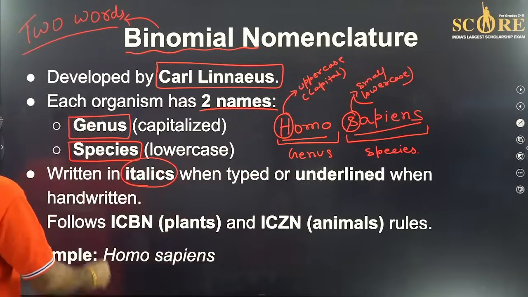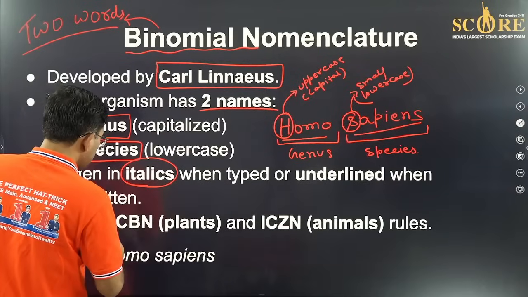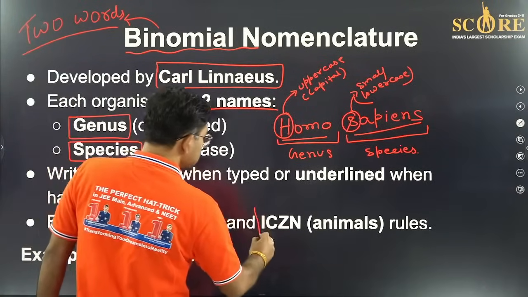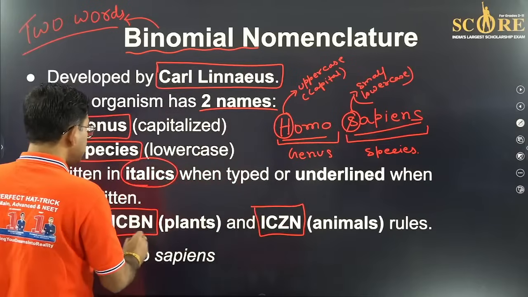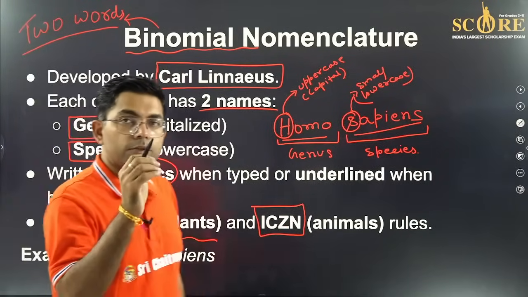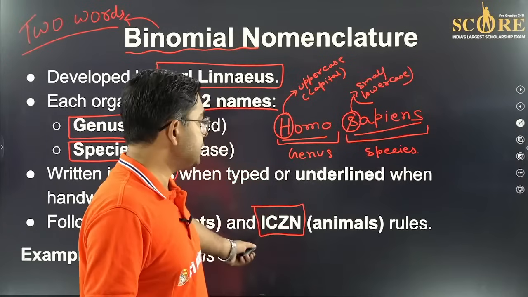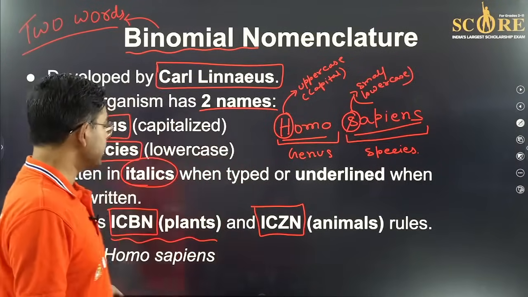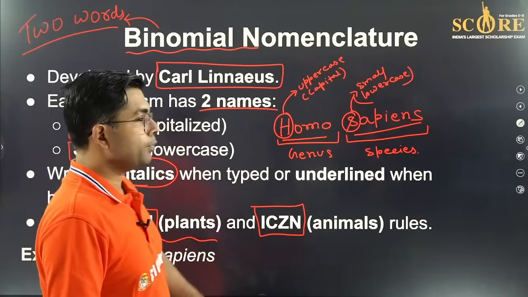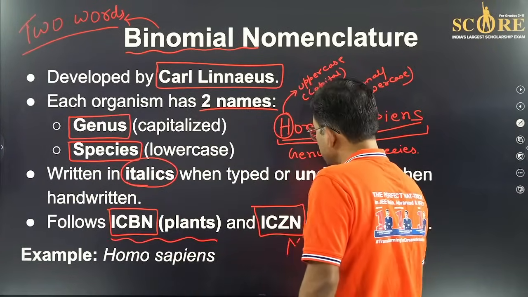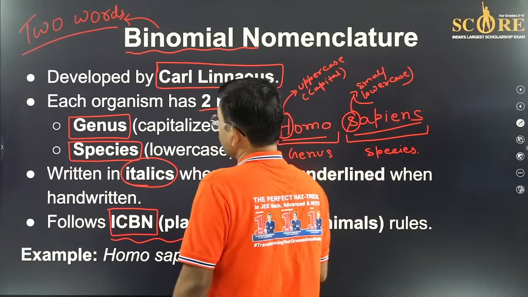Then these writing rules are decided by two bodies, ICBN and ICZN. ICBN does the botanical nomenclature, that is the nomenclature of plants, and ICZN the nomenclature of animals. And one example given, Homo sapiens. For example, mango. What is the botanical name of mango?